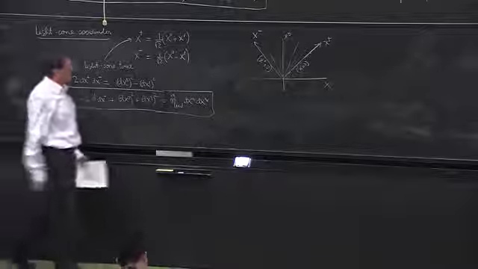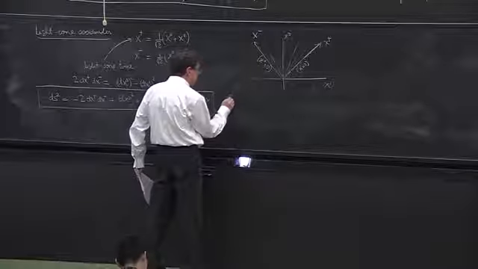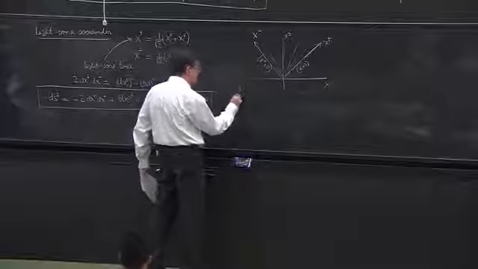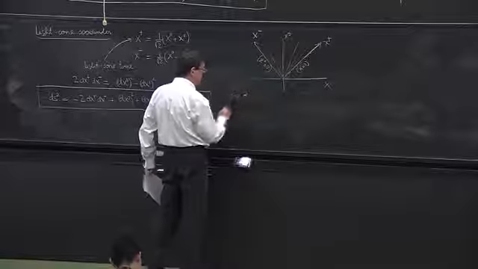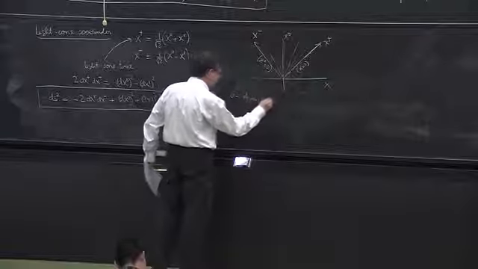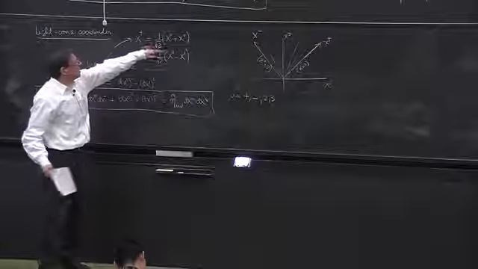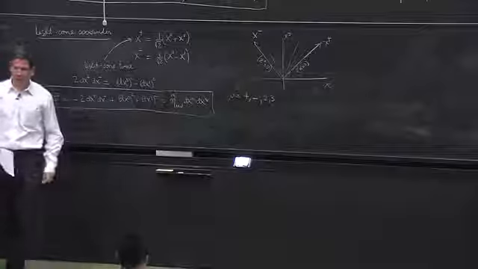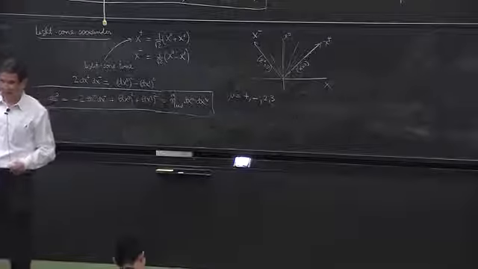What do the indices run over now? Before, mu and nu went from 0 to 3. Now mu can be a plus index, a minus index, 2, and 3, because the 0 and 1 have been traded for plus and minus.